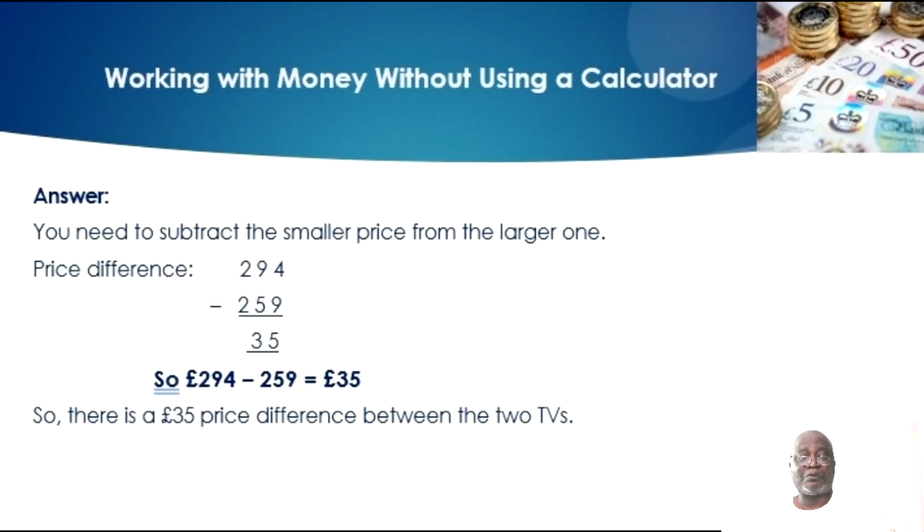Now that you've borrowed 1 from the 9, you have 8. So 8 minus 5 is 3. 2 minus 2 is 0. So you write your answer properly. 294 minus 259 is equal to £35. So the price difference between the 2 TVs is £35.